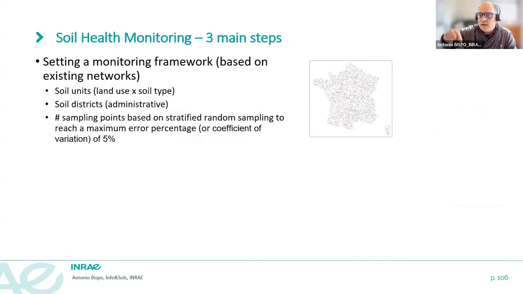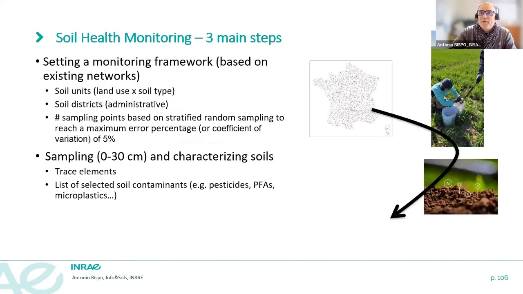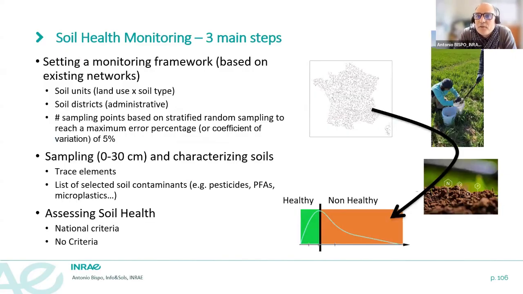For soil health monitoring, if you look at the soil monitoring law, there are 3 main steps for monitoring soils. The first is to set a monitoring framework, and if possible, the monitoring framework in each country should be based on existing ones.